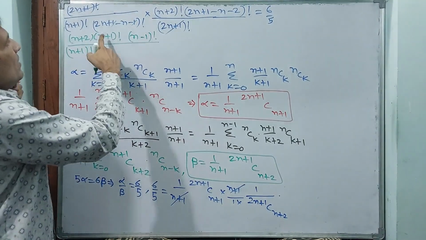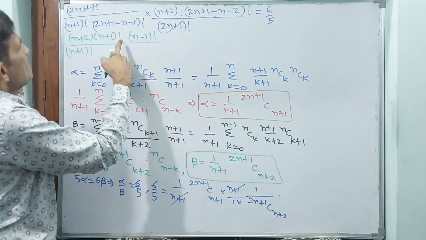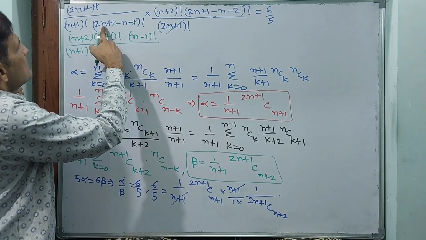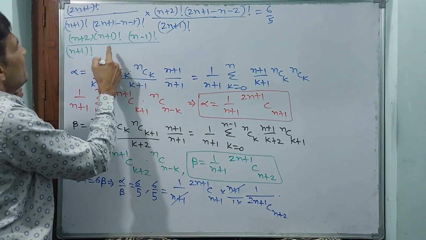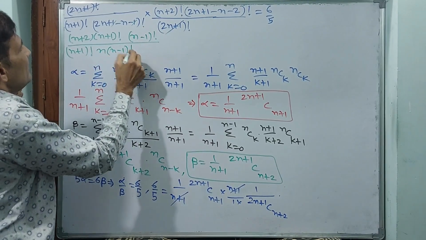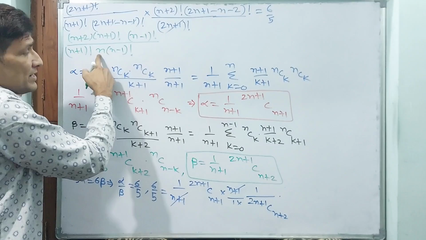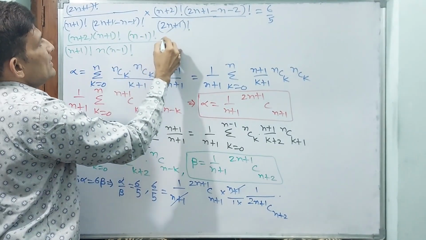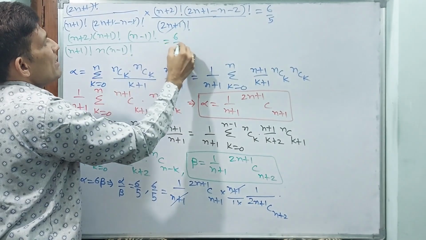See, (2n minus n) factorial, n into (n minus 1) factorial I will write. 2n minus n is n, but n into n, because (n minus 1) factorial I want to cancel. That means 6 by 5.